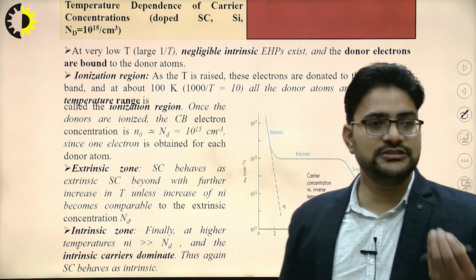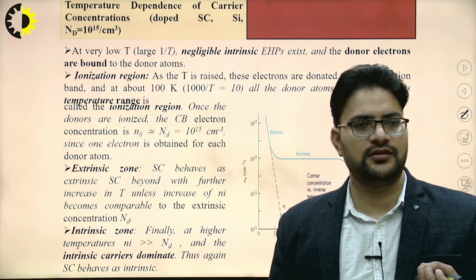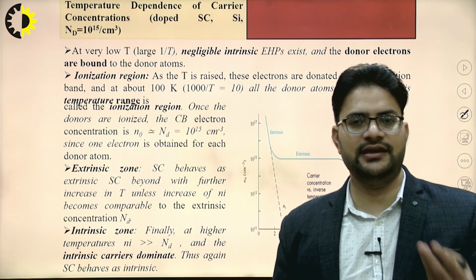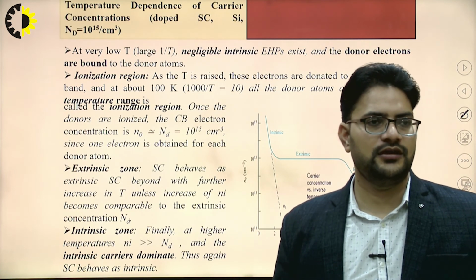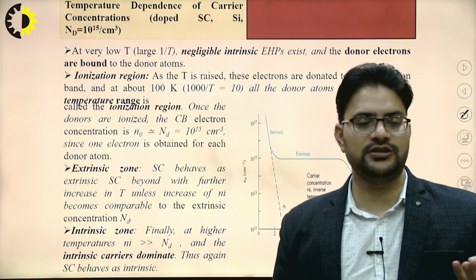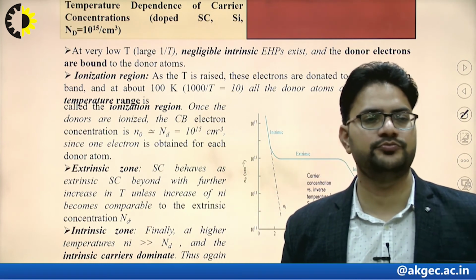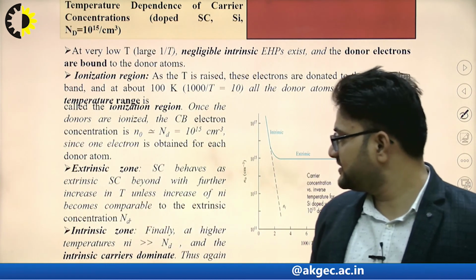So once the donors are ionized, the conduction band electron concentration, n naught, is equal to the number of donor atoms, which is equal to 10 to the 15 per centimeter cube. The second one is the extrinsic zone.